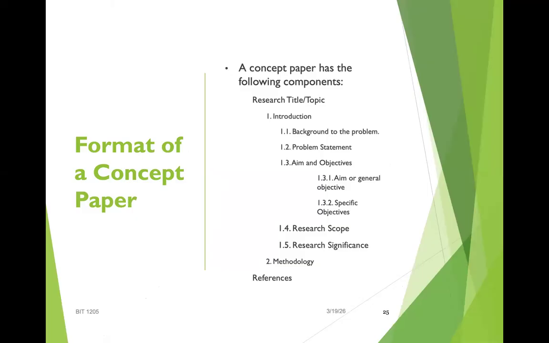The format of a concept paper starts with a research title or topic. Then you will have your introduction. Within the introduction is when you bring in the background, the problem, your problem statement, as well as the objectives.